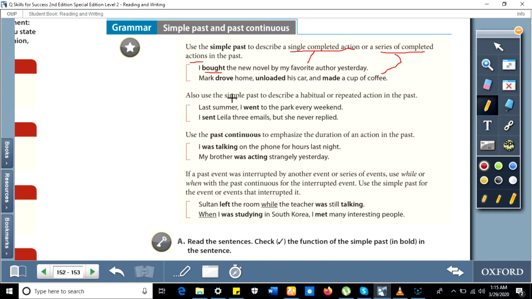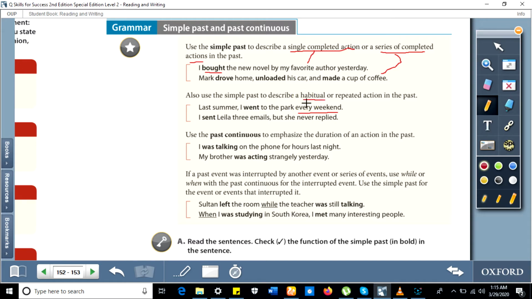You can also use simple past to describe habitual or repeated actions. Habitual actions, like for example, last summer I went to the park every weekend. So every weekend means you're going to the park every weekend, and that's a habitual action, right?